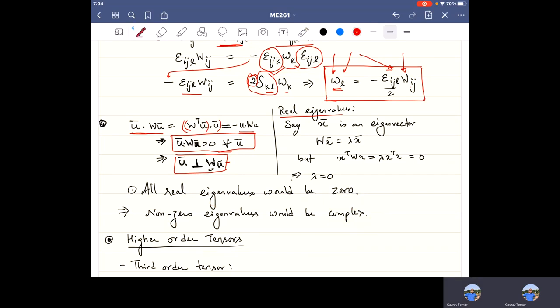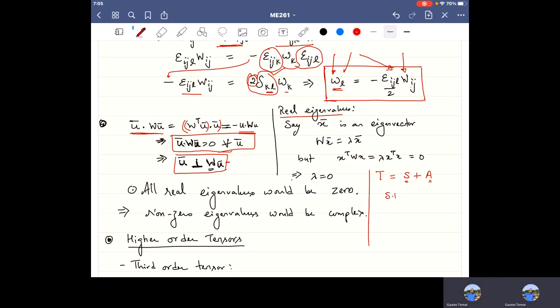Another interesting thing that we get is, I think last time we were talking about positive definiteness. So now you know that any tensor T, any matrix or any second order tensor can be split into 2 pieces, a symmetric tensor and an antisymmetric tensor.